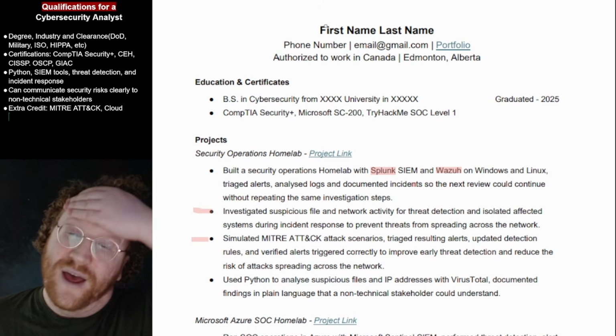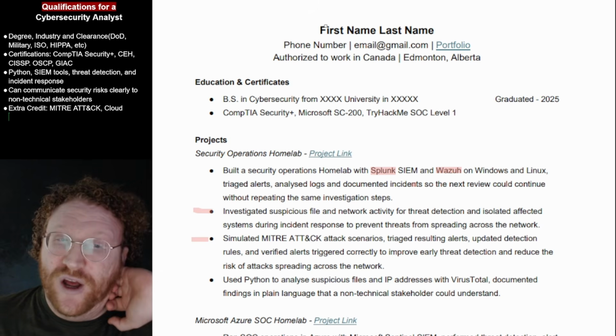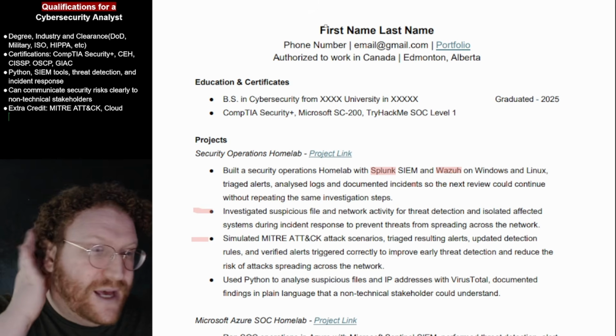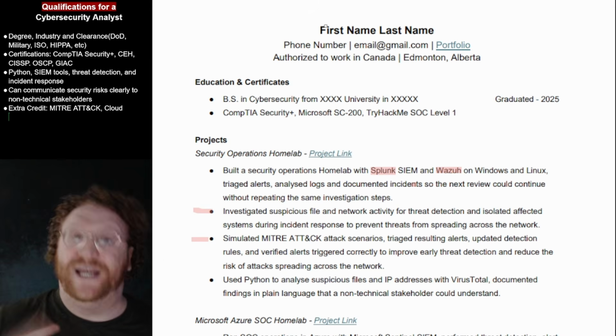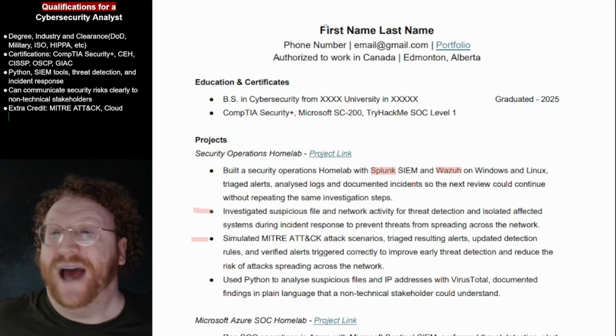Okay, so first things first, this person's in chat. I already told them, you cannot just say authorized to work. You have to tell me what kind of visa it is to a degree, because the differences in the US between a TN visa and an H-1B and an OPT and an H-4 is massive.